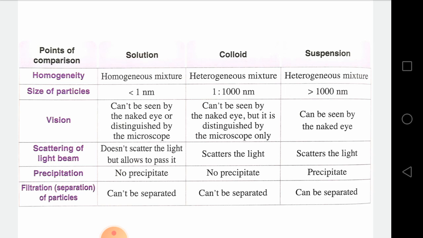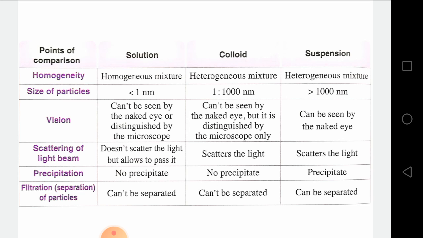While in a suspension, if you leave it for a period of time, we will observe a formation of precipitate at the bottom of the glass or container. Colloid, like solution, no precipitate will be formed.